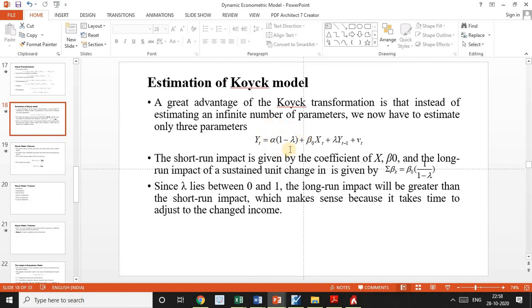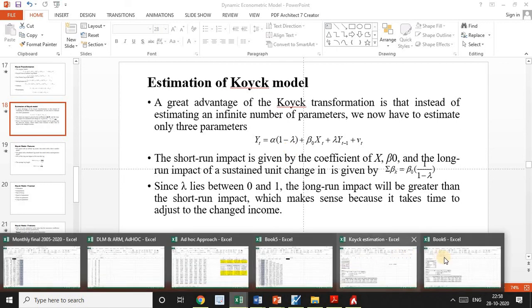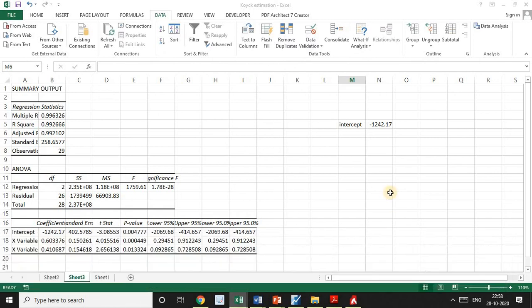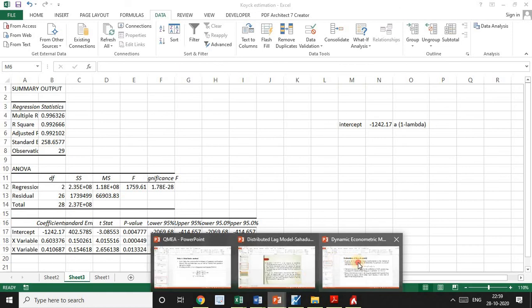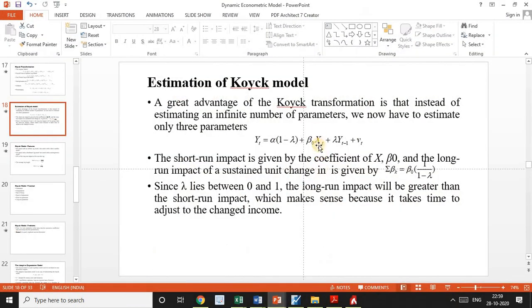Intercept is basically alpha into 1 minus lambda. So this is not alpha but alpha into 1 minus lambda. Now the second thing is xt, this is beta 0.